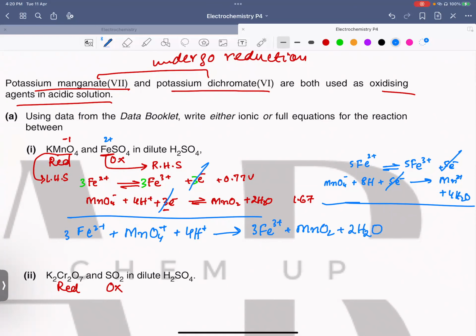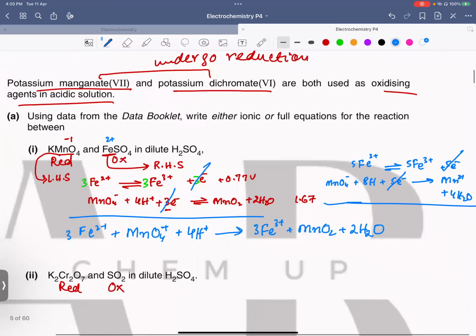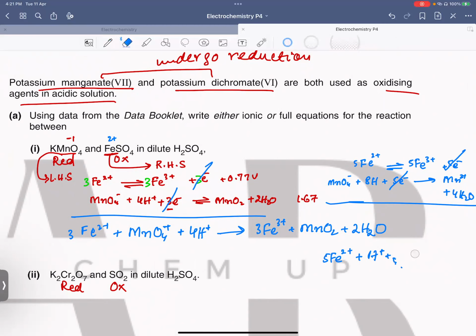So this is the net equation. In the same way, you can make the other net equation as well. You have to add it. So it is Fe2 positive plus MnO4 negative plus 8H positive. I'm making the product in this way.